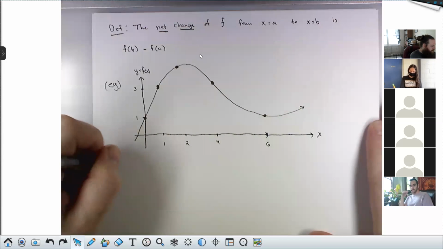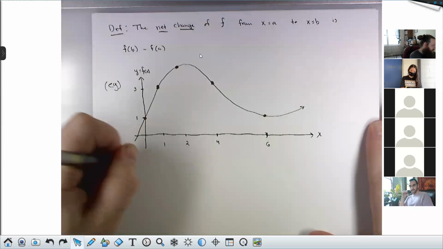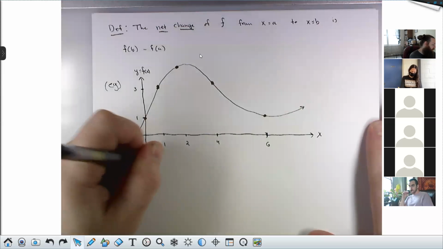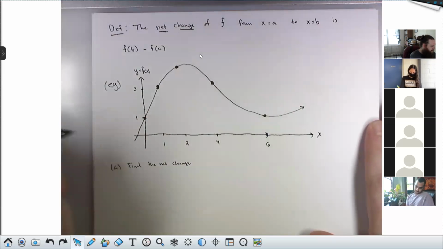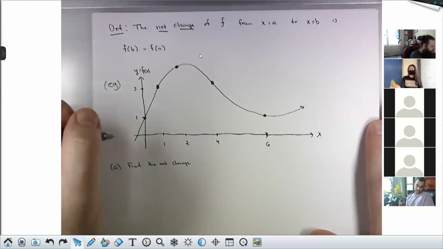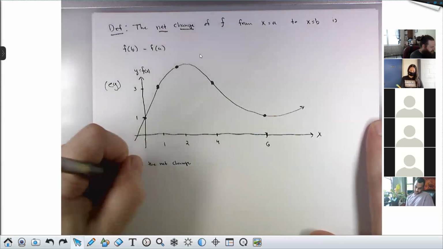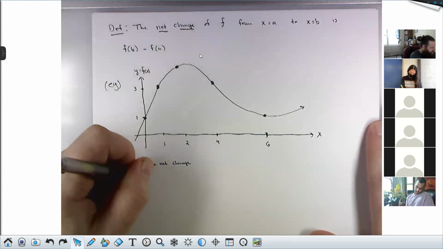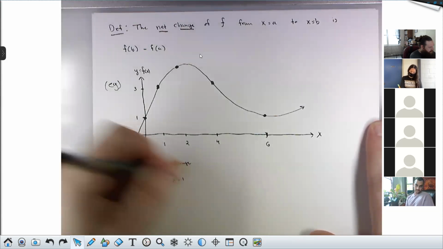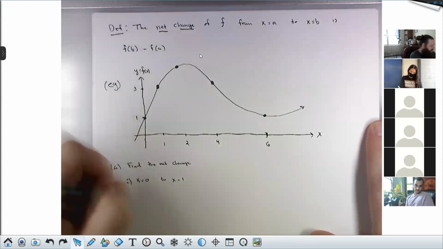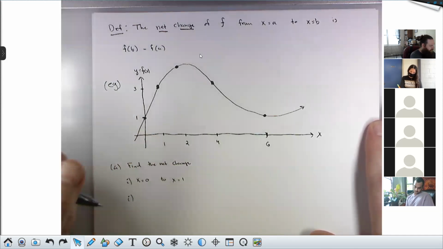First, let's find the net change explicitly from, let's say, x equals 0 to x equals 1. Then x equals 1 to x equals 6.